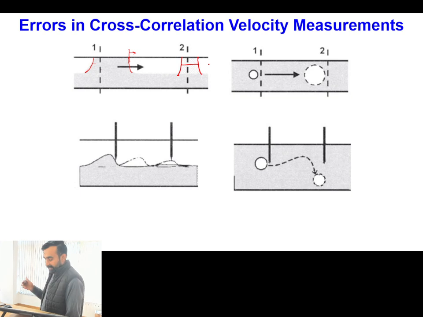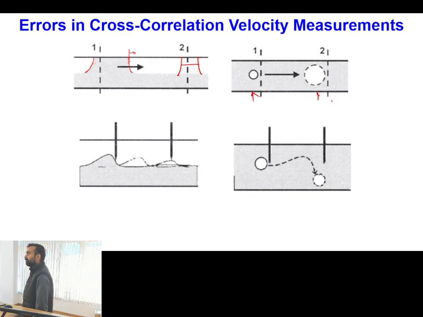Okay, then another thing could be, if I talk about the gaseous phase, a gaseous bubble present in the liquid medium, then what happens? In the gaseous phase, we know that the density of a gas is a strong function of pressure. Okay, so if at some location 1 I have high pressure, then the gas volume will be less.